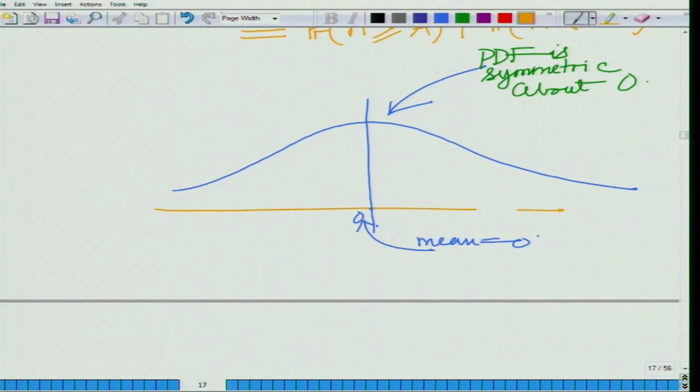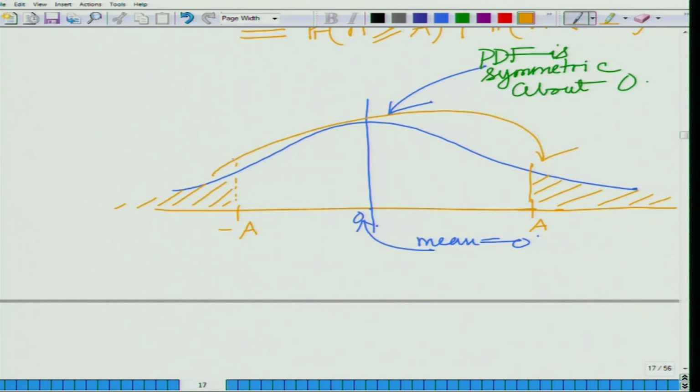Therefore, if you look at any threshold A, the probability that n tilde is greater than or equal to A is the Gaussian tail probability. Similarly, the probability that n tilde is less than or equal to minus A is the left tail probability, correct. And you can see by symmetry these two probabilities are equal.